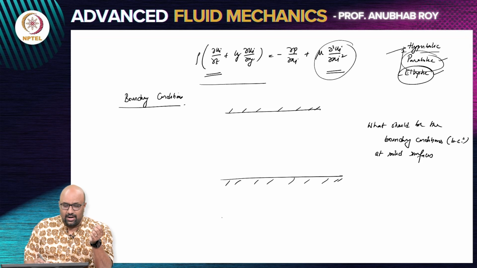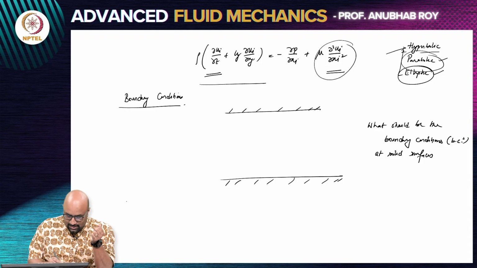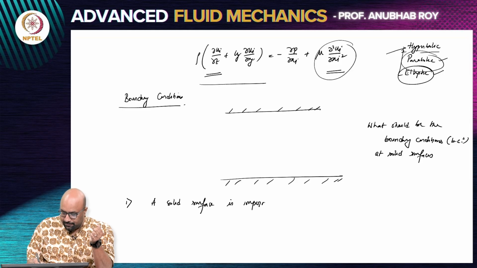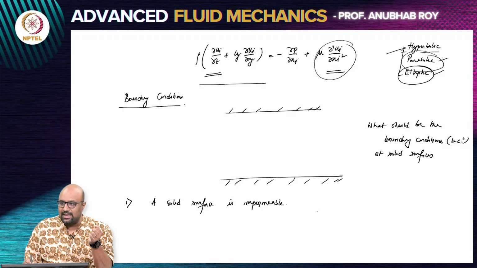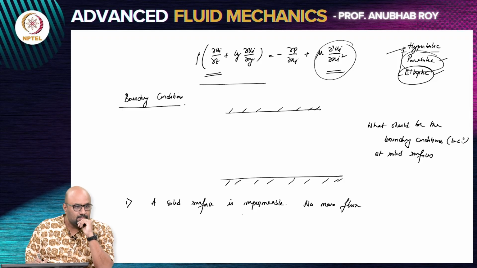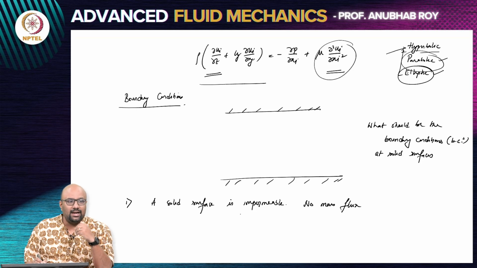The first boundary condition that we will have is to say that a solid surface is impermeable. That means that at the solid surface there is no mass flux. Fluid cannot penetrate through that particular surface.